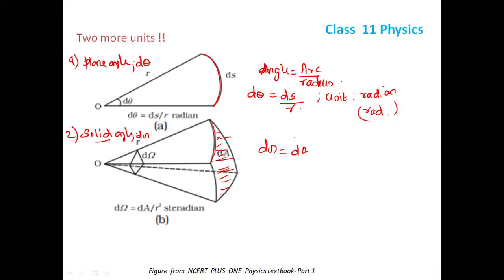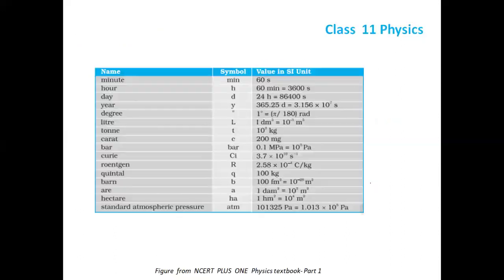The intercepted area divided by the square of the radius gives the solid angle. Its unit is steradian and its symbol is sr. So these are the SI units.